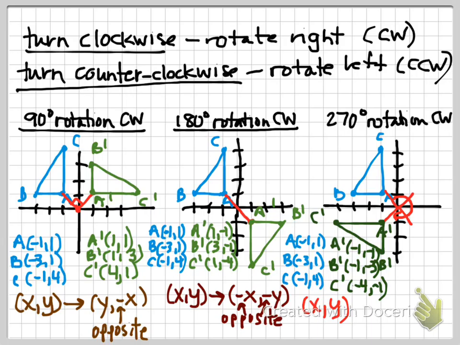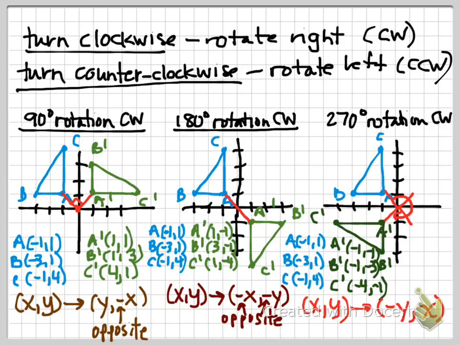So this value, the Y value, is changing signs, but I do agree they are switching places. So the Y this time is the one that ends up getting the sign change, but the two coordinates swap places. So the X value becomes now in the Y place, the Y value is now in the X place. But again, the Y does change signs.